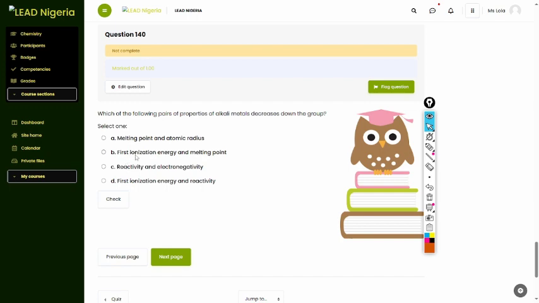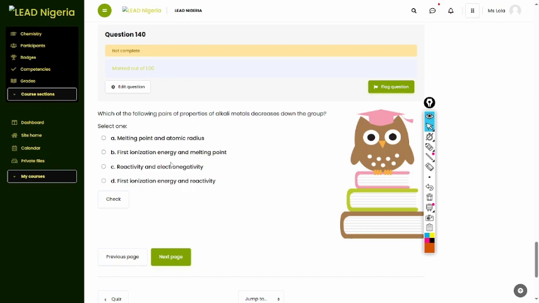Now the first ionization energy refers to the energy that is used to remove the outermost electron of a neutral atom to form a +1 ion. So as you're going down the group, the number of shells increases and then the ionization energy decreases.